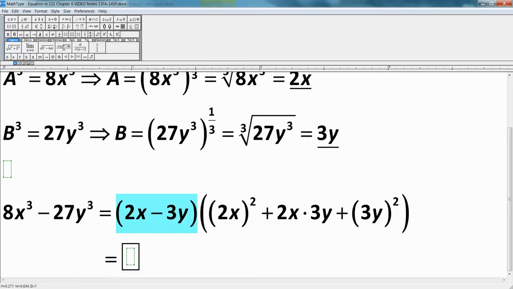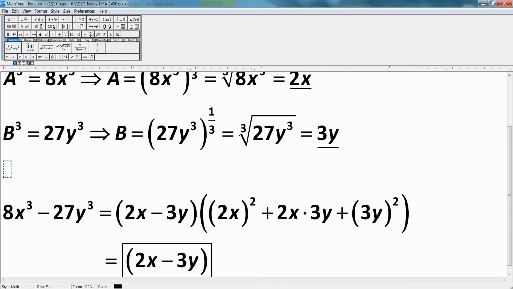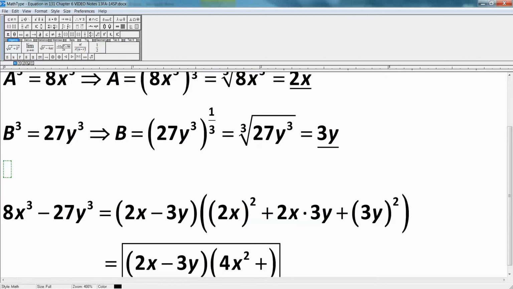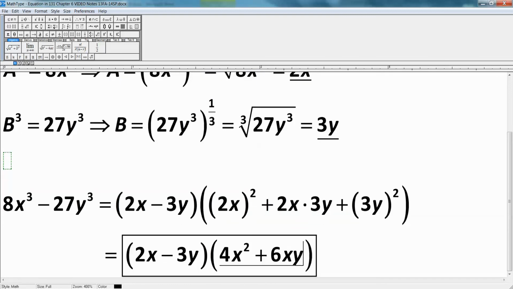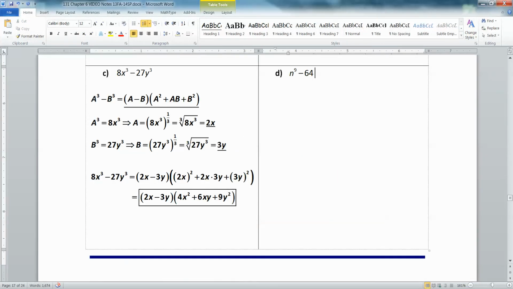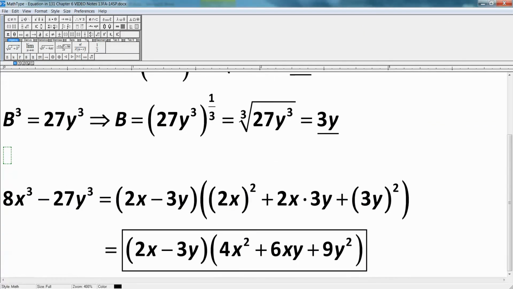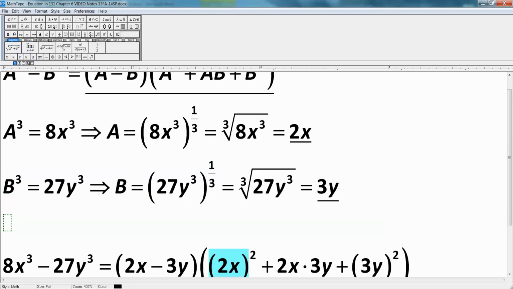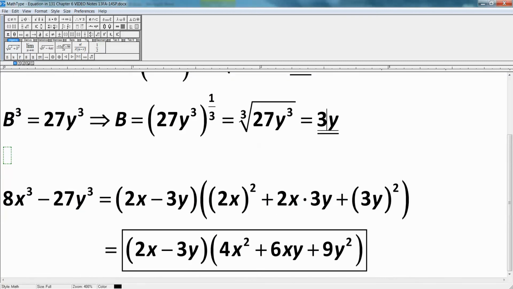So 2x squared, that would be 4x squared, plus 6xy, because 2 times 3 is 6, plus 9y squared. There we go. It's not really hard, it's just tedious, right? And you can't forget to square the 2. That's the big mistake people make, is they'll forget to square the 2. They'll just make 2x squared, but it's 4x squared because 2 times 2 is 4. You have to square all of a. And then here you have to square all of b, so that makes 9y squared.